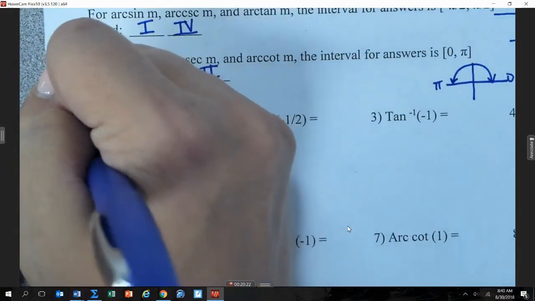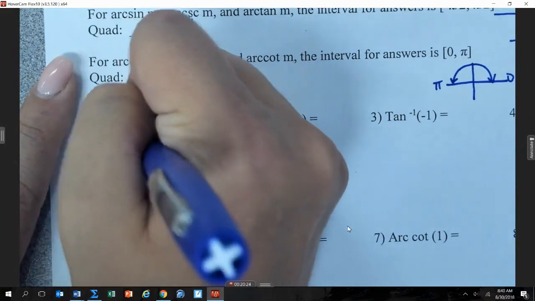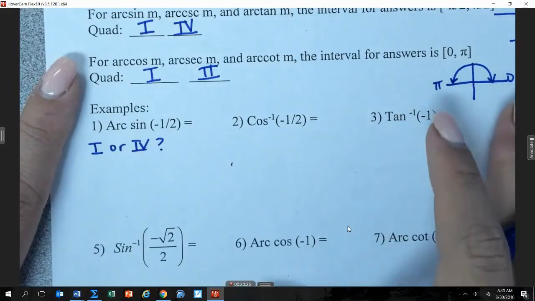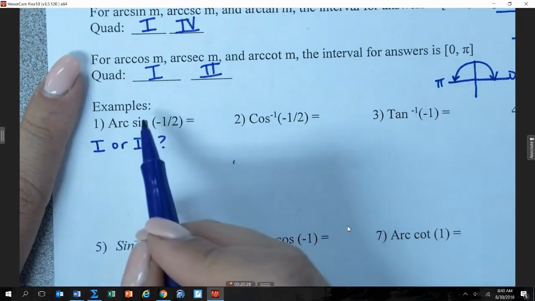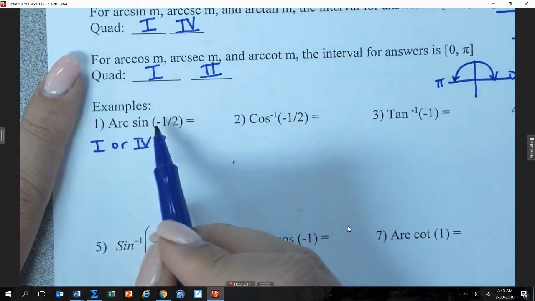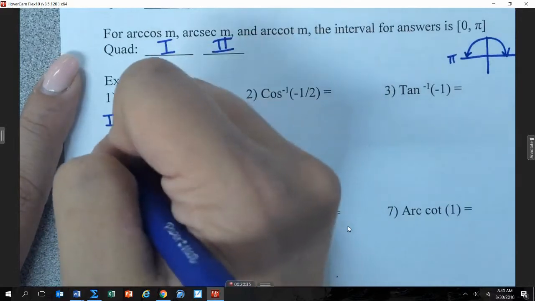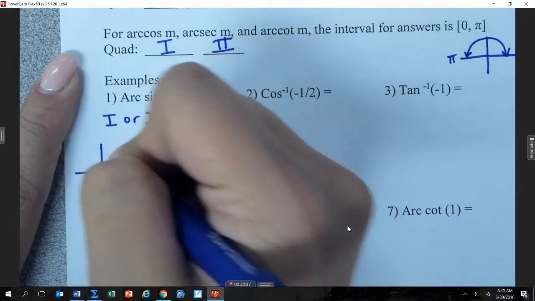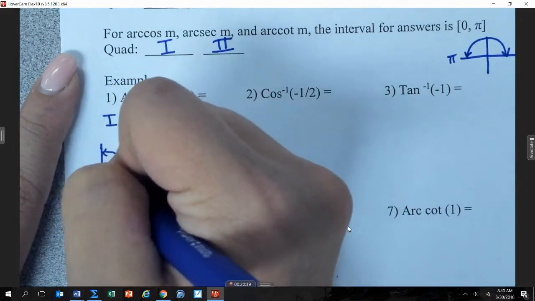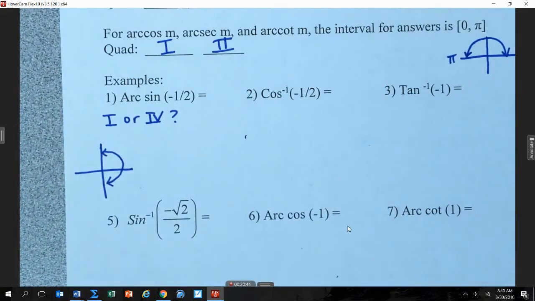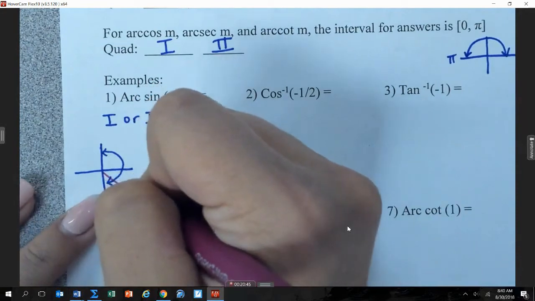Right? Because sine is negative, what quadrant am I going to use? Where is sine negative? Quadrant 1 or 4? Sine is negative in quadrant 4. So that's the quadrant that I'm going to use if I'm picking between those two options.